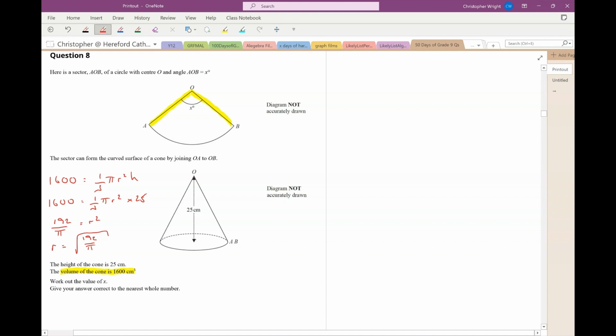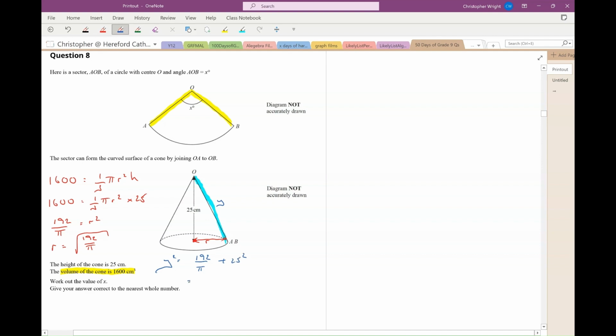That means I know that length there, which means I can find the length from O to A by using Pythagoras. Let's call that y for a moment. So y squared is going to be r squared, which is 192 over pi, square rooted, squared, plus 25 squared.